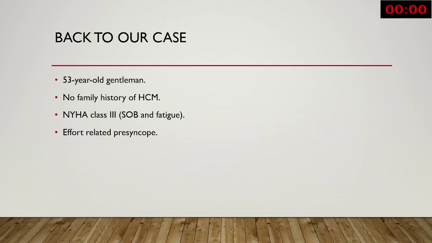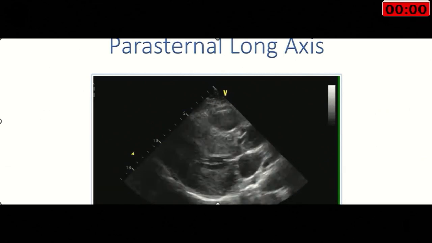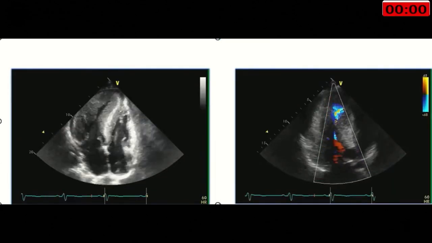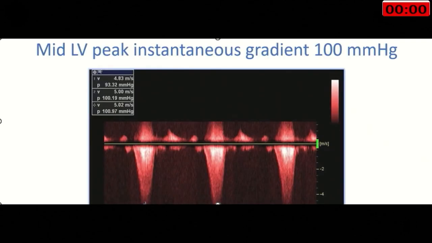So, going back to our case, 53 years old, no family history of HCM, presented with NYHA functional class 3, shortness of breath. I asked you about the diagnosis. It's increased wall thickness with mid-cavitary gradient.